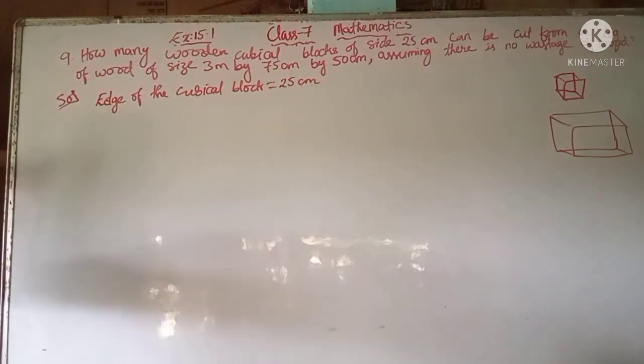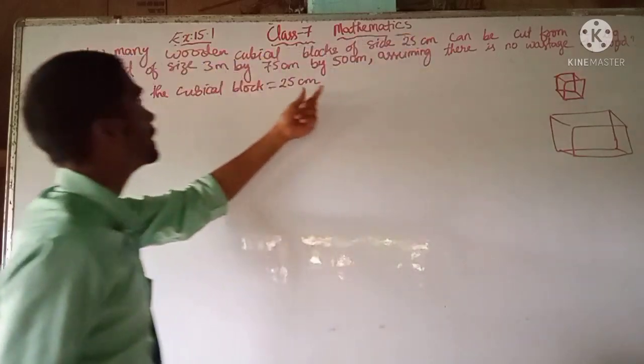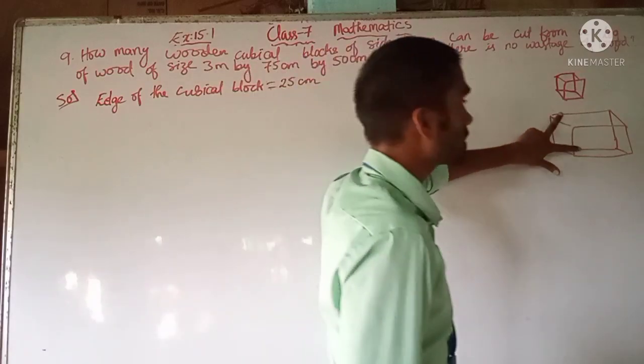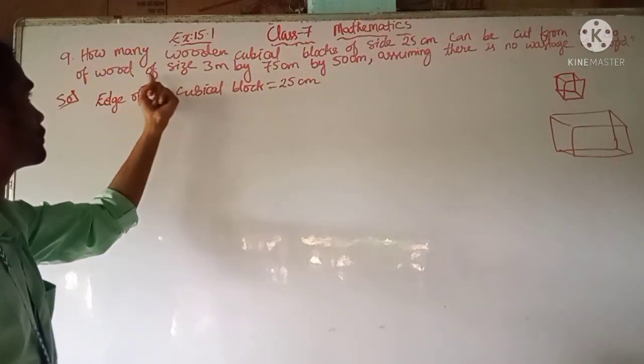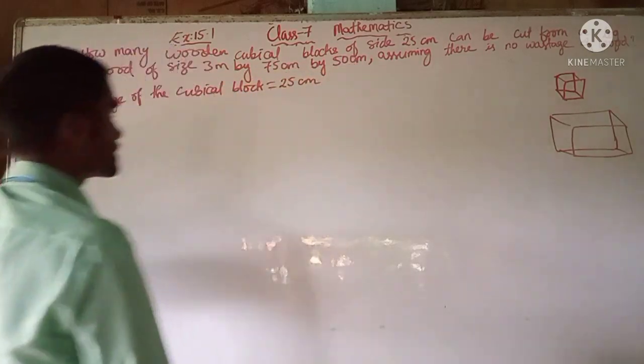Again, the log that is given, it is in the shape of a cuboid. Length, breadth and height it is given here. That is 3 meter by 75 centimeter by 50 centimeter.